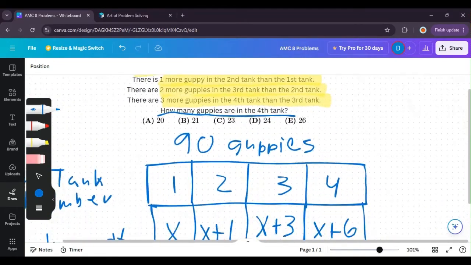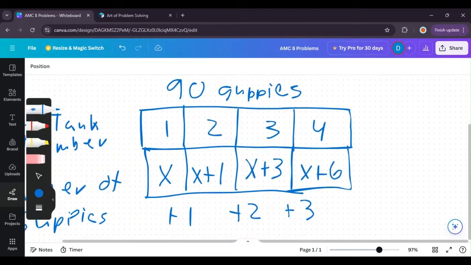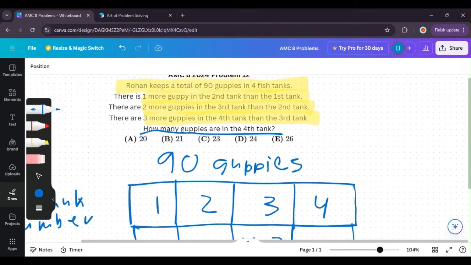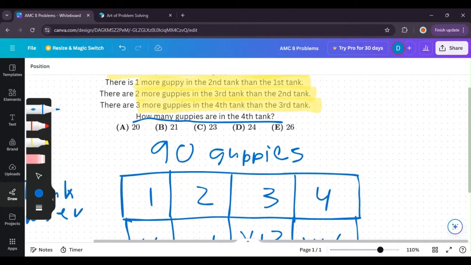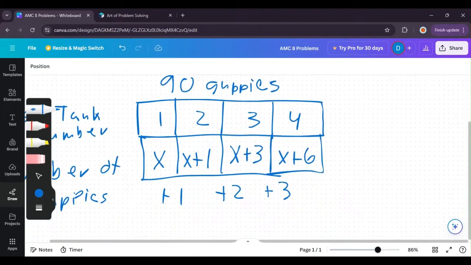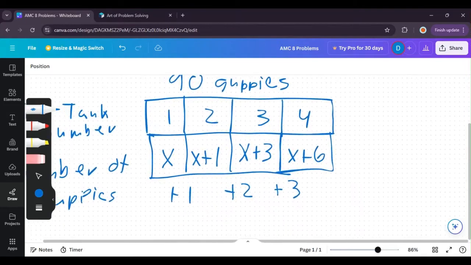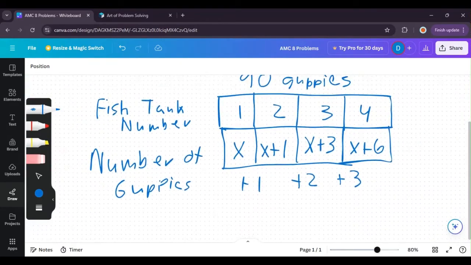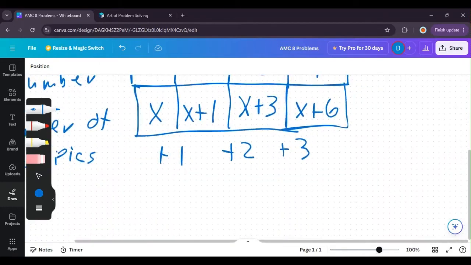So we have the total amount of guppies in each tank, and we have to use the first statement. It says there are 90 guppies, so that means all the tanks added together is 90. Okay, so if we add x plus 1, x plus 3, x plus 6, which is the number of guppies in all the tanks, then we get the total number of guppies.